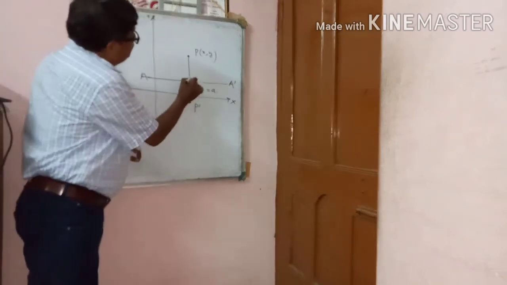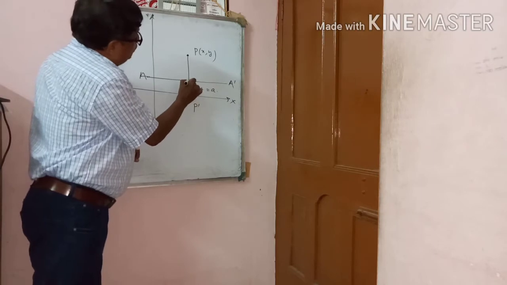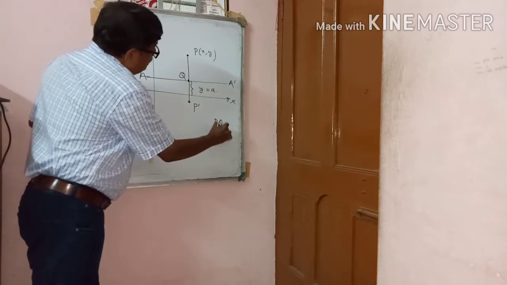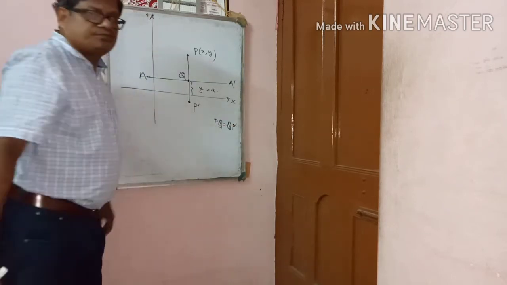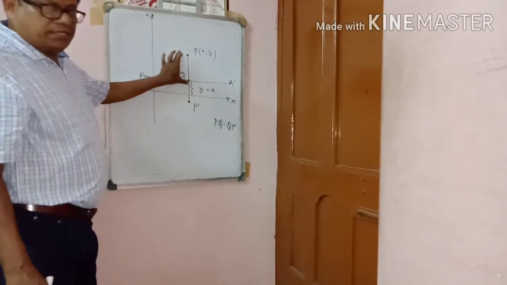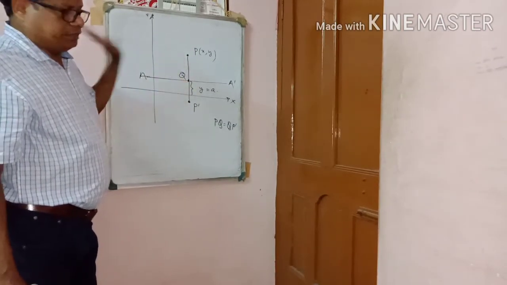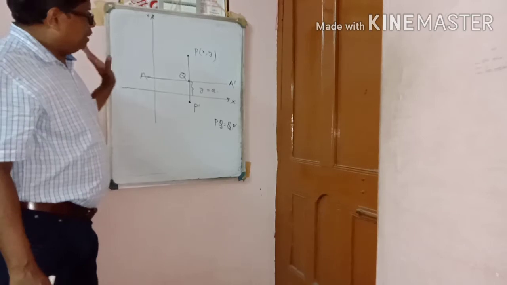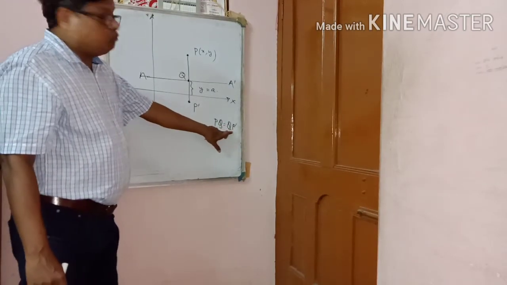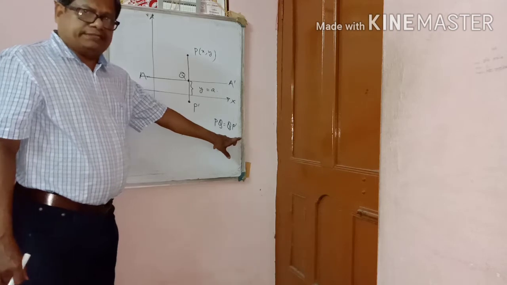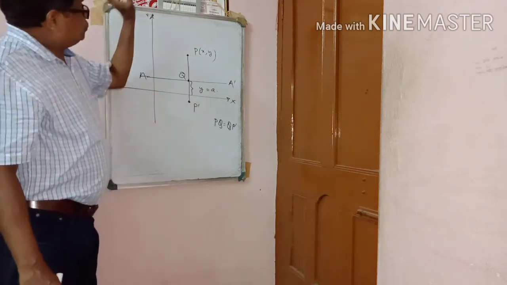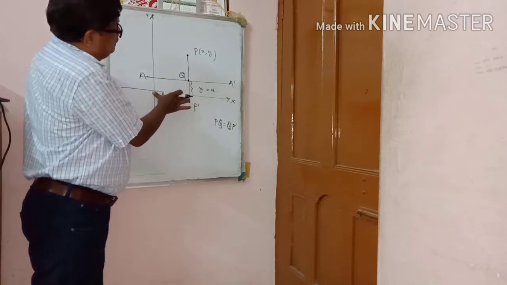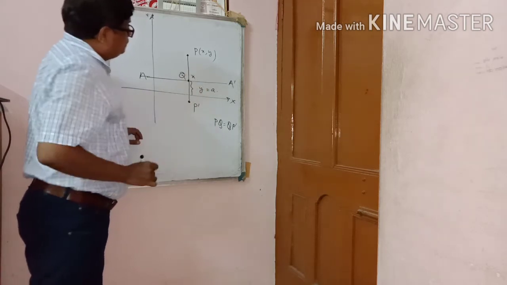Put any point here, suppose Q. So we can write PQ equals QP dash, no? Reflection, understood? This distance is equal to this distance. Now, this value we know is x, with no change, and this is y.